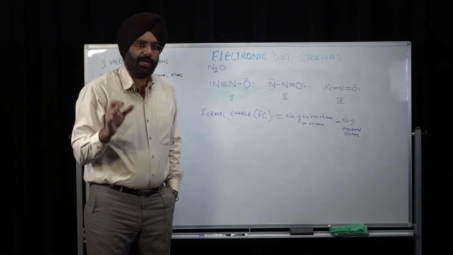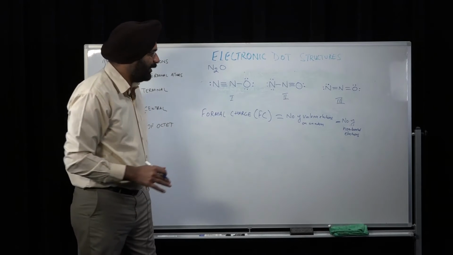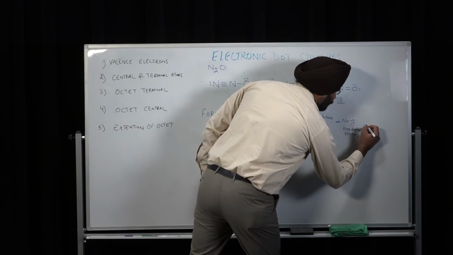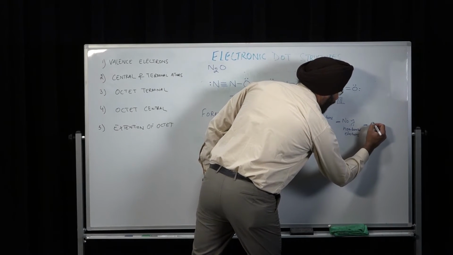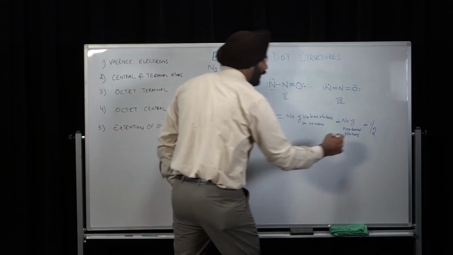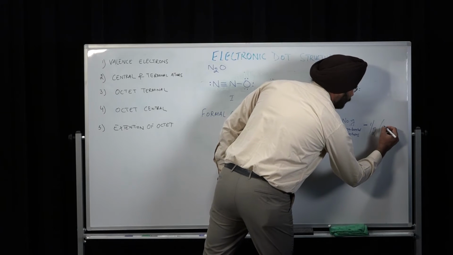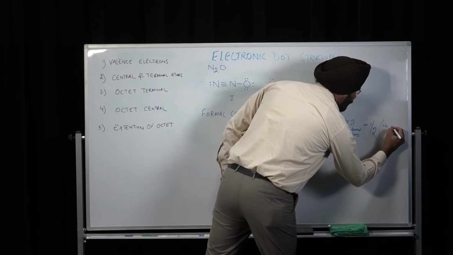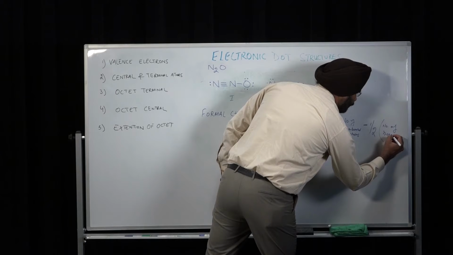The electrons which are not participating in the bond formation, minus half, and I'll explain later on why half, the number of bonded electrons.